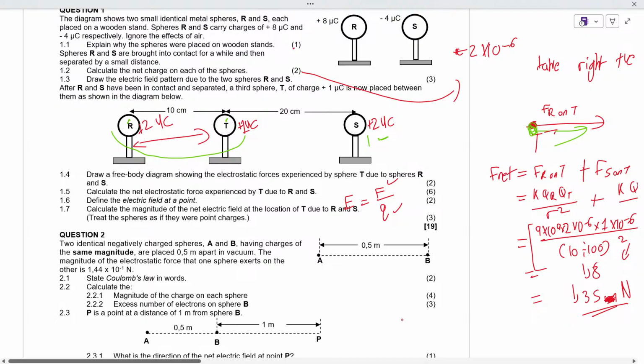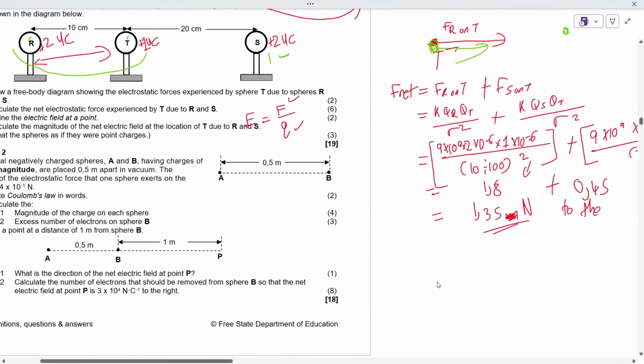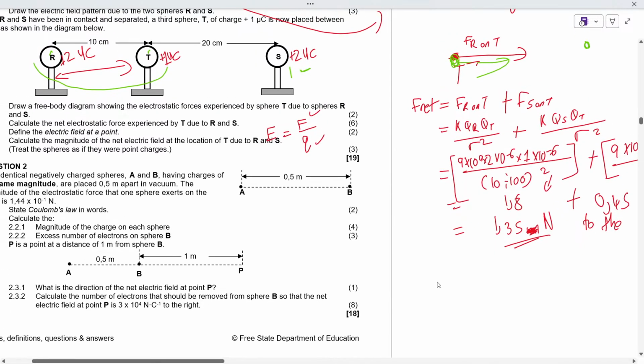So now when we continue, it says calculate the magnitude of the net electrostatic force at the location of T due to R and S. So they want the electric field at that point due to R and S. Which formula are we using? There are two formulas for electric field.